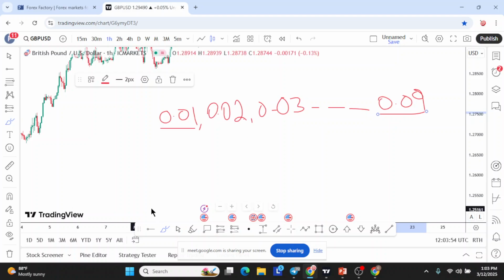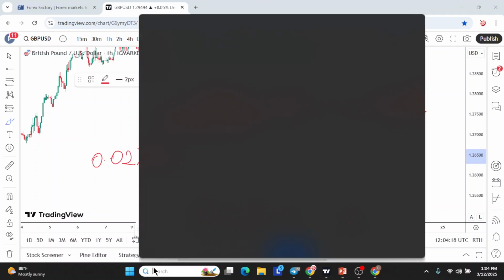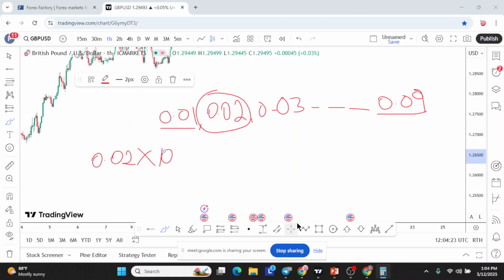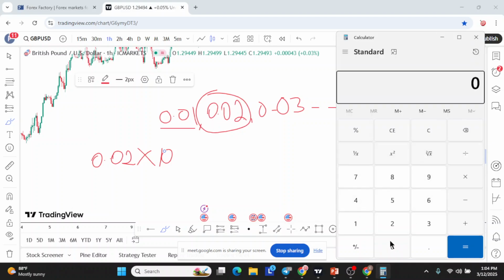So same way, if you want to know the value of dollar for 1 pip, let's say we pick 0.02. For you to know the value of 1 pip, what are we going to do? We multiply that by 10. So let's bring in our calculator. So we have 0.02 multiplied by 10, we have 0.2.